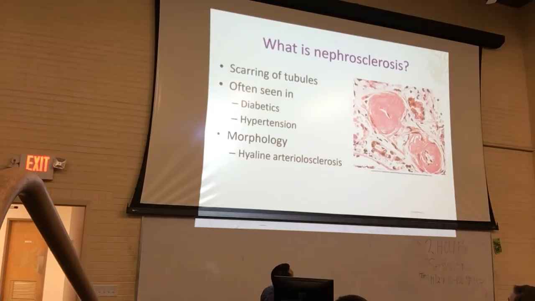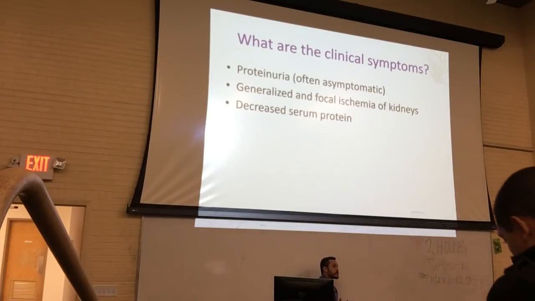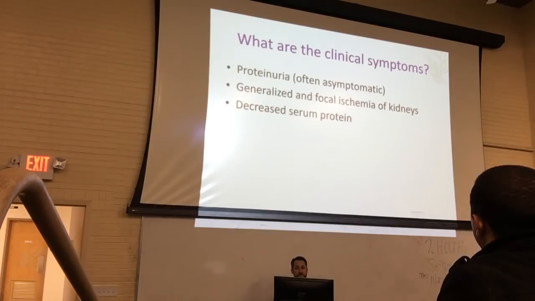Okay? It would be more round in appearance. It would be about the same size and the same thickness, but it would be round instead of oblong. You see how these are more round, but the thickness of this wall is pathological. So clinically, what are they going to experience with this nephrosclerosis?